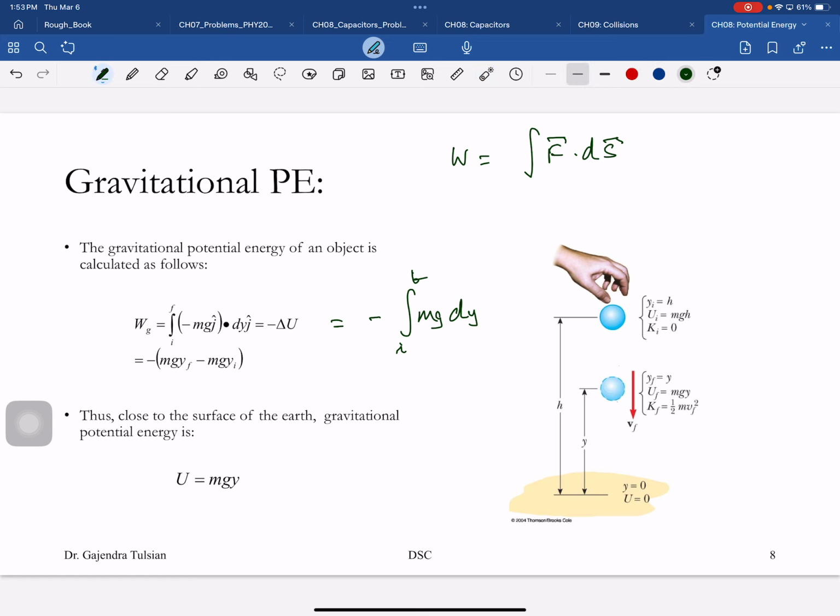That's equal to minus mg times the integral of dy. The integral of 1 is just y, so it's minus mg y from the initial to the final point. And that's this guy. So negative of mg y final minus mg y initial. And there is U final and U initial. So gravitational potential energy is mgy.